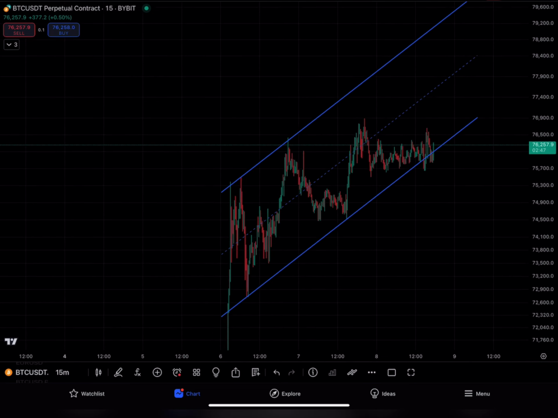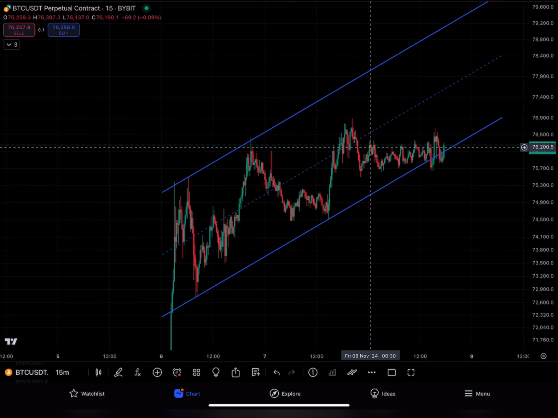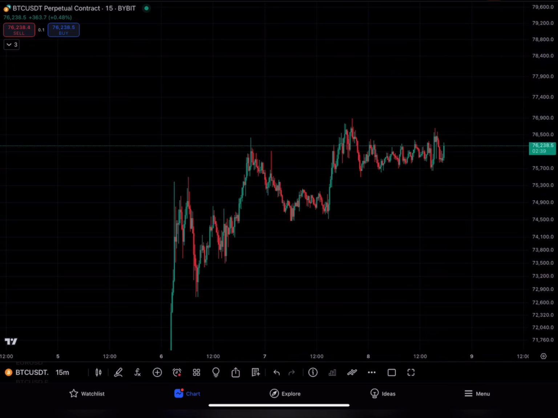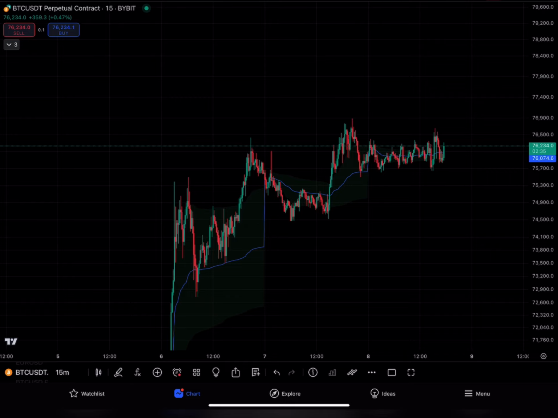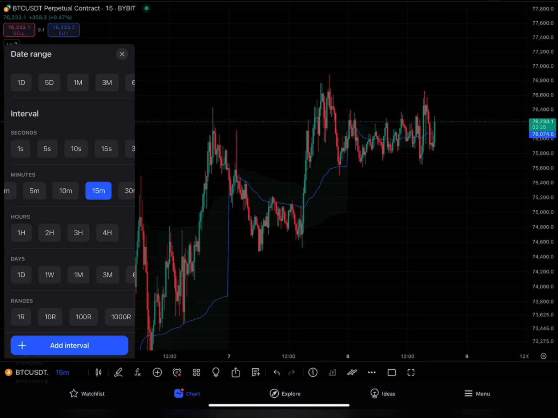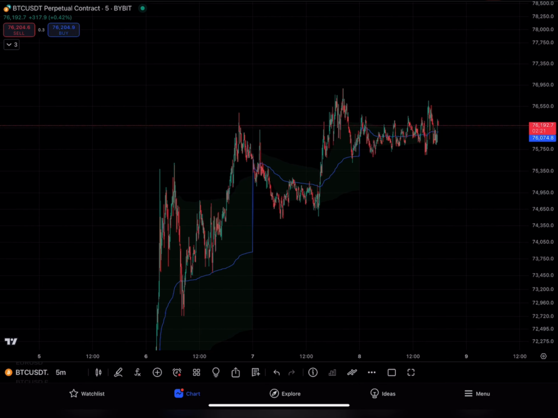So when you have a channel like this, when you're not ranging sideways, what you can do is use a tool we call VWAP, the volume weighted average price. It will be a great support and resistance level where, if we keep making higher highs and higher lows, this will be a great support level for you to open positions when you actually see some sort of strength.